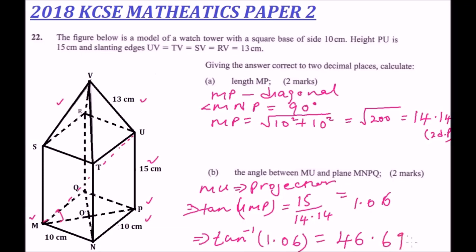So that's how you work out that, and you earn yourself 2 marks, and 2 marks in A, so those are 4 marks.